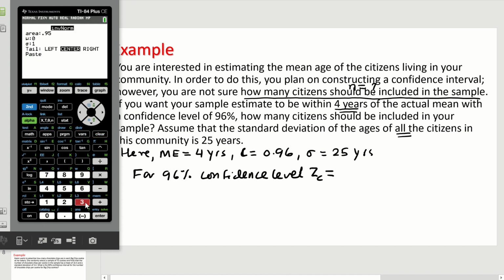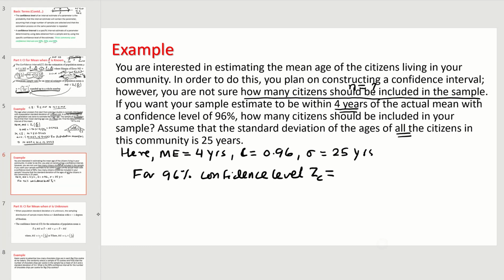You already know this is the area in the middle, which is 0.96, 96%. It should be the area at the center. So paste this, hit enter. We're just taking the positive value, which is 2.0537. Okay, we have everything now.